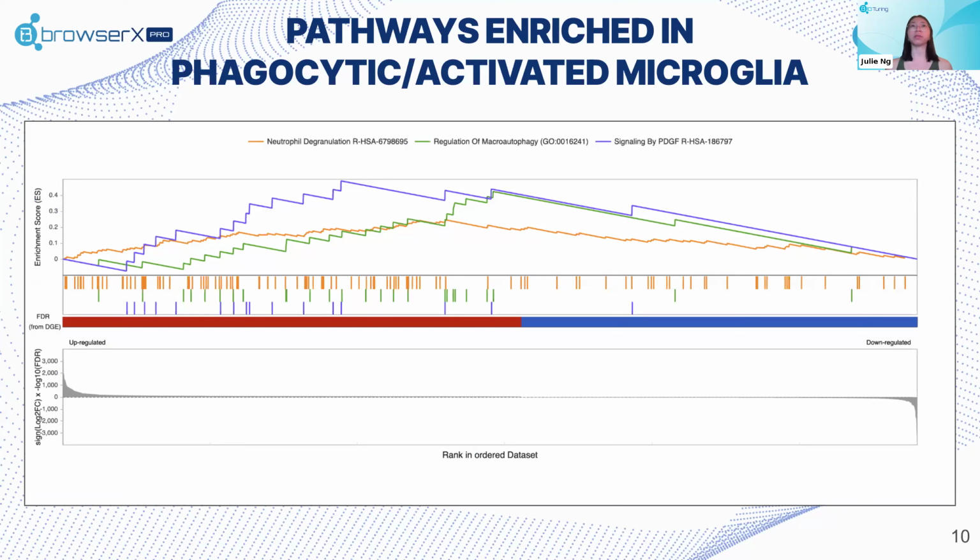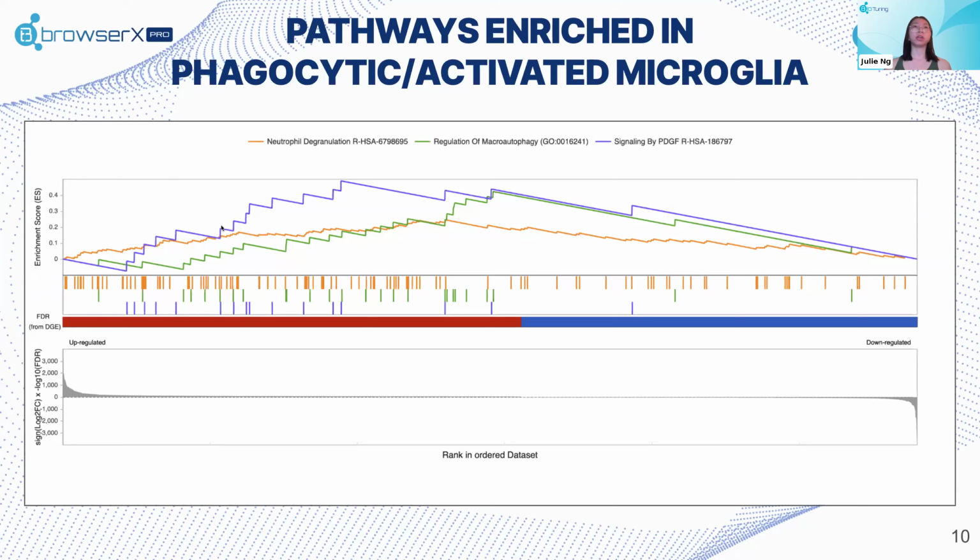On BBrowserX Pro, we allow you to perform pathway enrichment, and in particular you can perform pathway enrichment using GSEA, also known as Gene Set Enrichment Analysis. That's the type of plot we're looking at here, called a GSEA plot. In Gene Set Enrichment Analysis, essentially it tells you which pathways are enriched in a particular population of cells based on a calculated enrichment score.